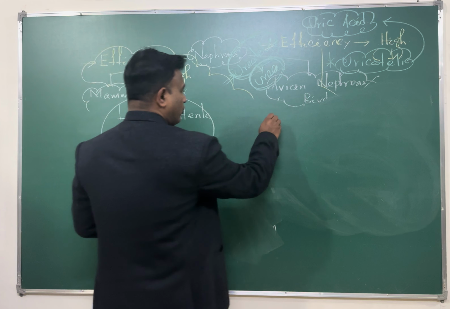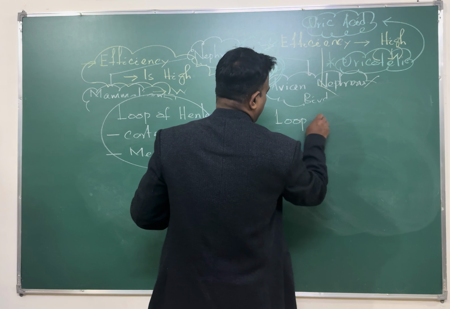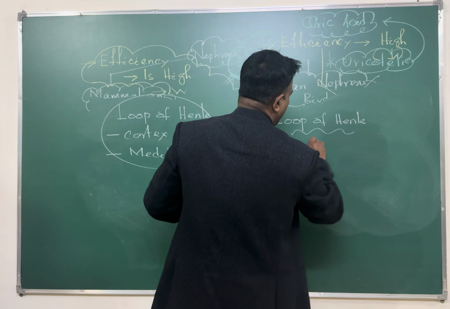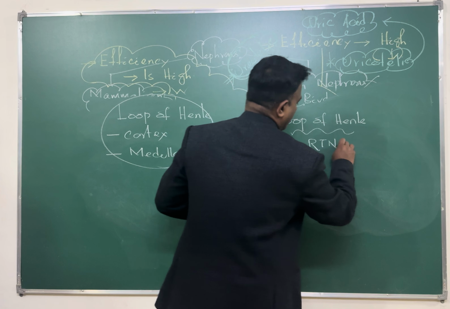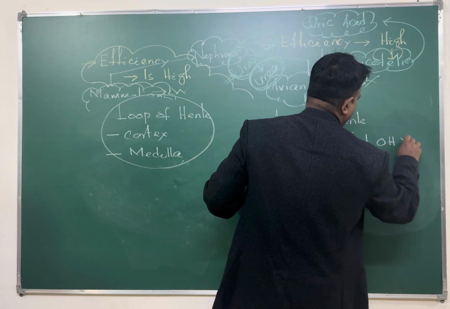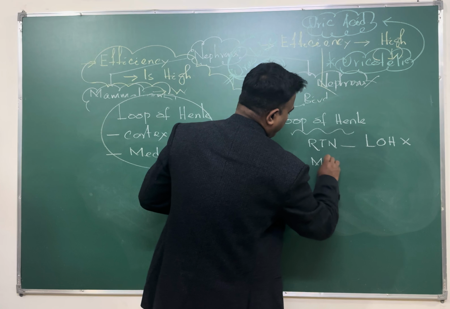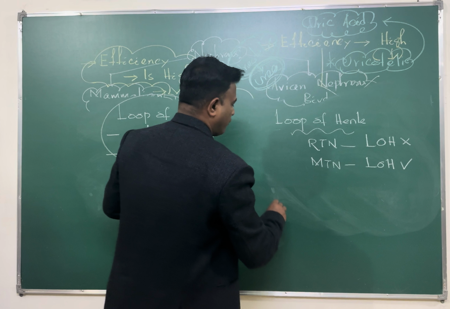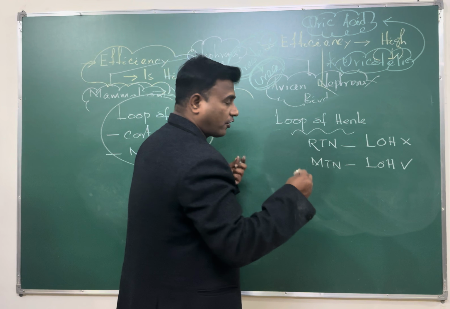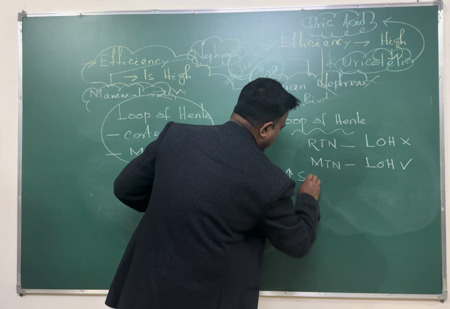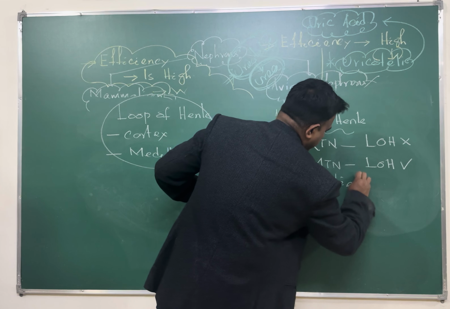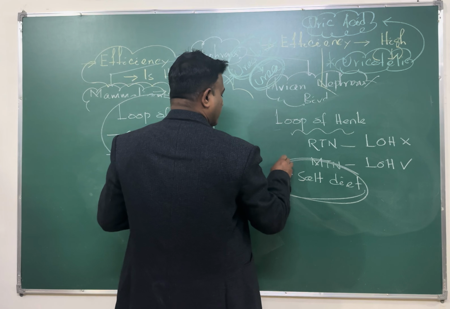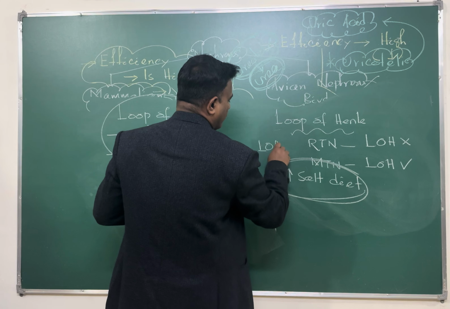The efficiency of loop of Henle here, as we know that in case of the reptilian type of nephron, loop of Henle is absent, and in the mammalian type of nephron, this loop of Henle is present. But when a salt rich or a high salt diet is given to the birds or the aves, then this loop of Henle comes into picture.